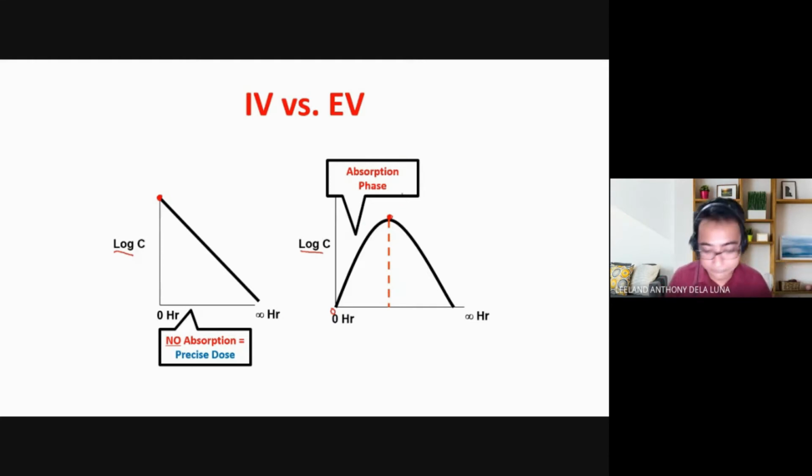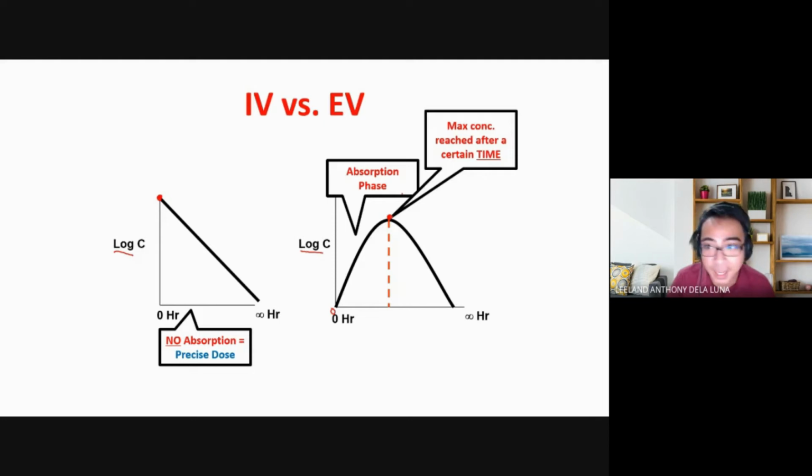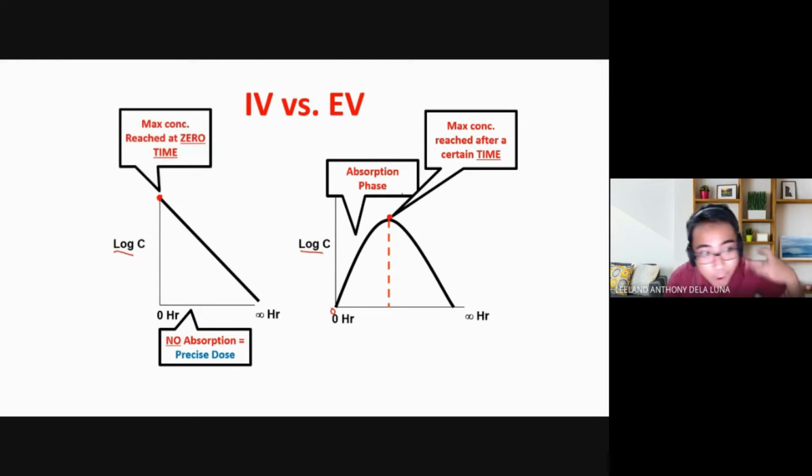Now, class, for the Cmax, for extravascular route, its maximum concentration is reached after a certain time has lapsed. Unlike that of intravascular, class, at 0 time, the moment you push the plunger of your syringe, the drug will already reach maximum concentration.